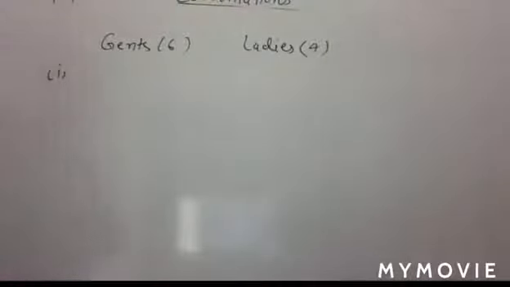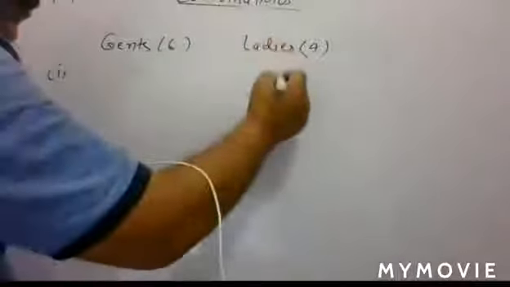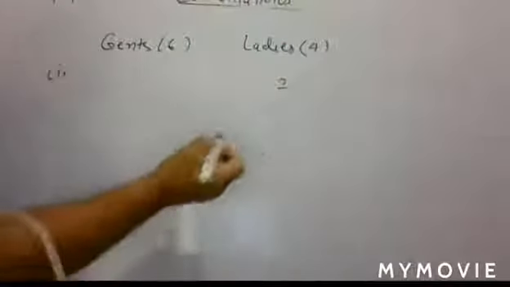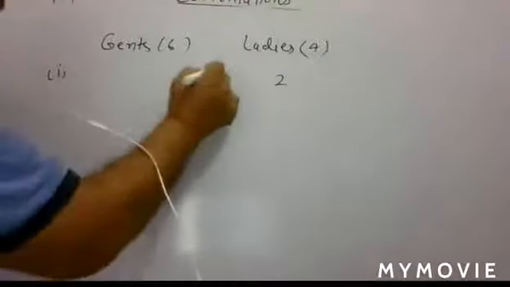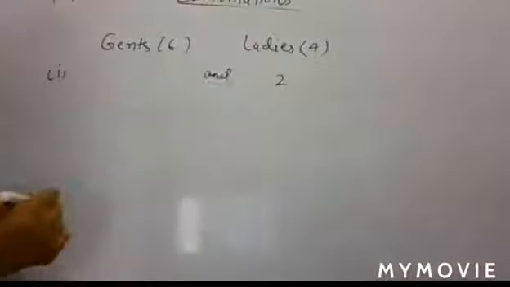So you start with a minimum of 2 ladies. If you have 2 ladies, then for a committee of 5 members you need 3 gents, since 3 plus 2 becomes 5. This is your first combination. Then you write or.